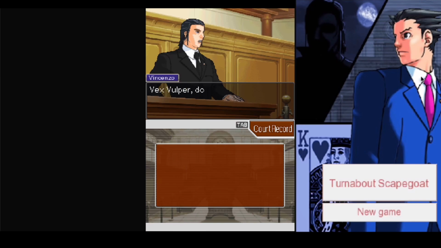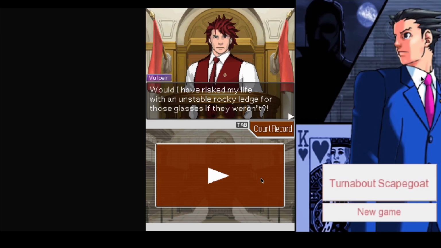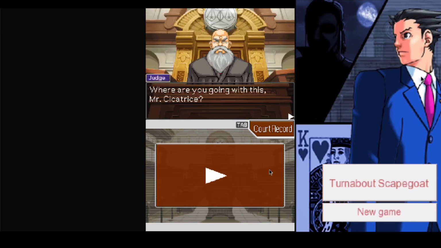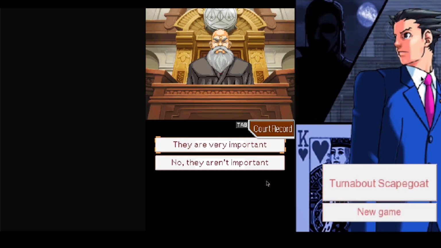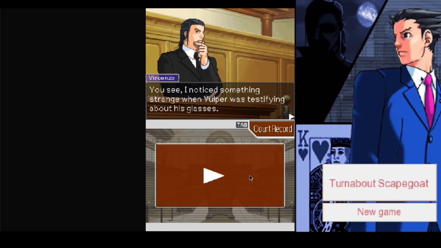Press further. Vex Vulper, do you agree that those glasses of yours are very important? Of course they're important. Would I have risked my life with an unstable rocky edge for those glasses if they weren't? Where are you going with this, Mr. Cicatrice? Are these glasses really that important or not? They are probably very important. I don't know why, but they are very important, Your Honor. You see, I noticed something strange when Vulper was testifying about his glasses.